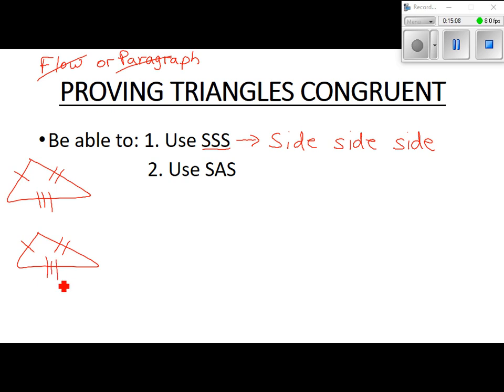So instead of having 6 steps for sure, I'm cutting it in half. I prove these pairs of sides are congruent, then I can say that the triangles are congruent to each other. Anybody remember what this one stands for? Side angle side. So now I prove a pair of sides, a pair of angles, and another pair of sides, and then I can say the 2 triangles are congruent.